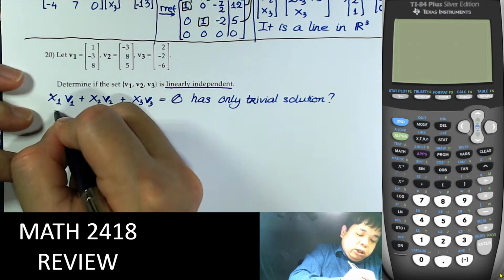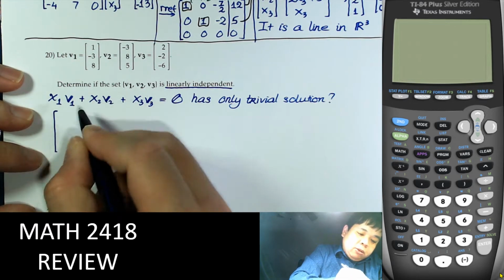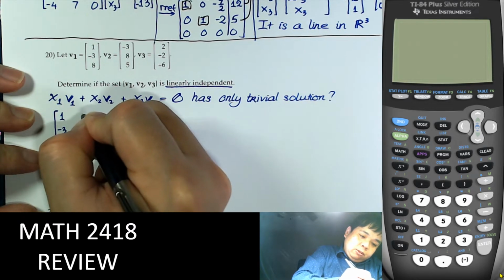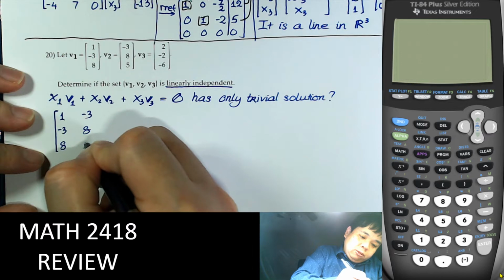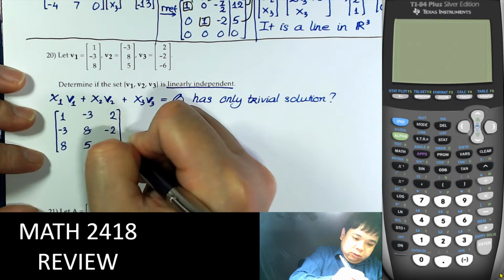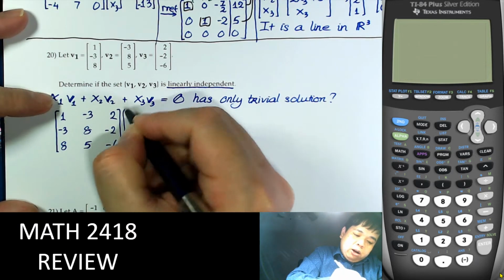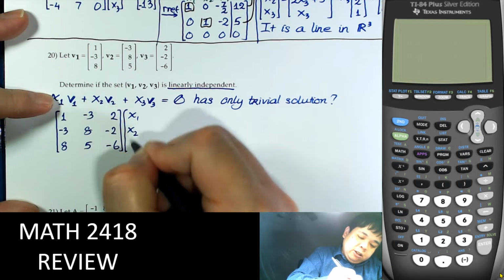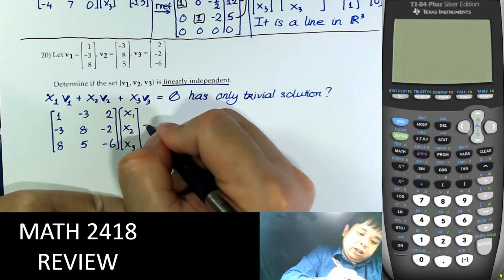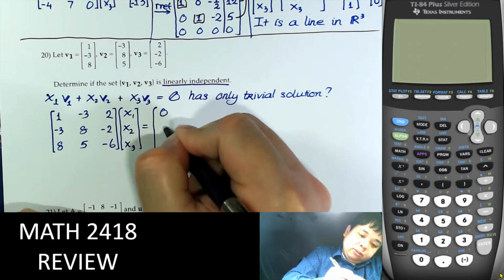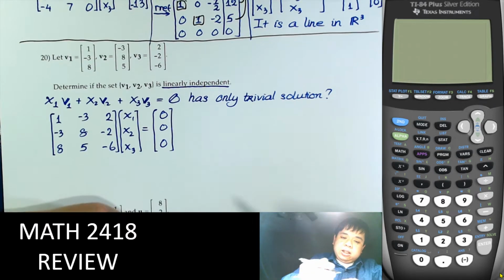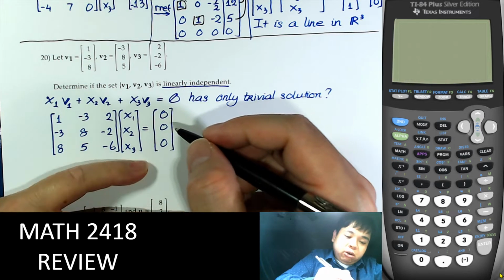So what we're going to do here is we're going to put 3 columns, and each column we have a number x1, x2, and x3. 0 will be just a zero vector. Now we're going to put this in the matrix and do reduced row echelon form.